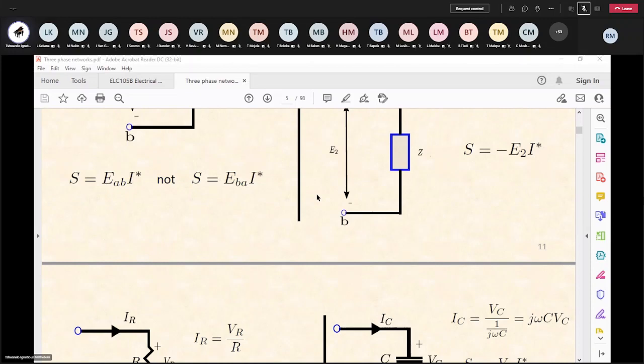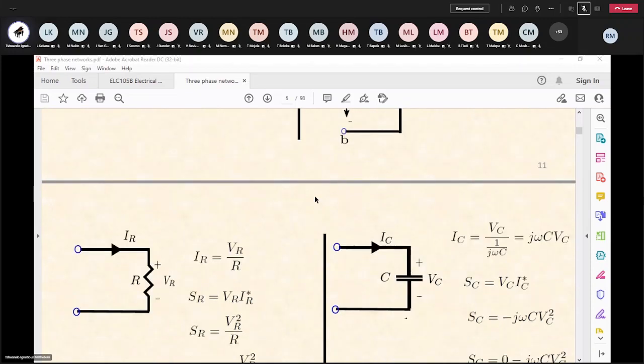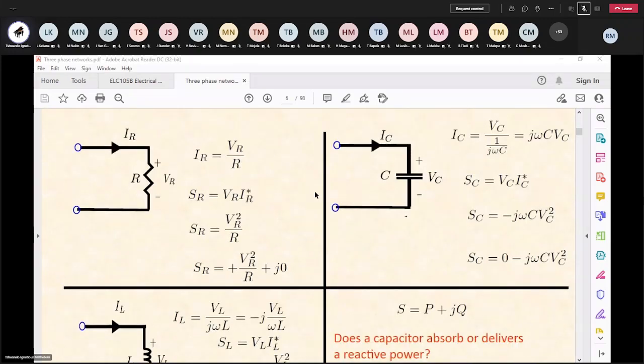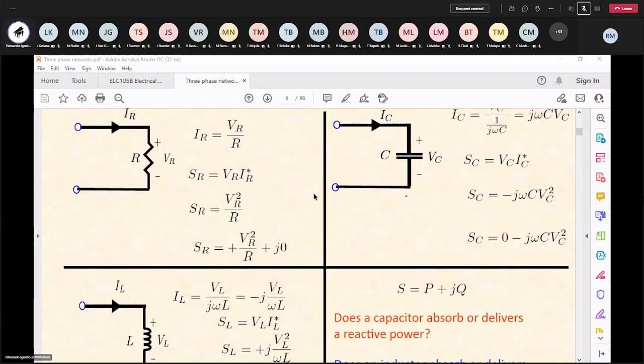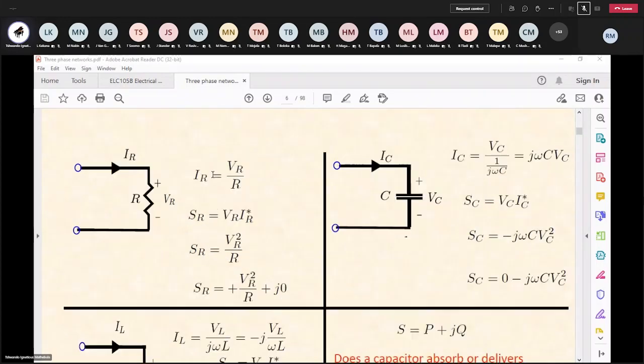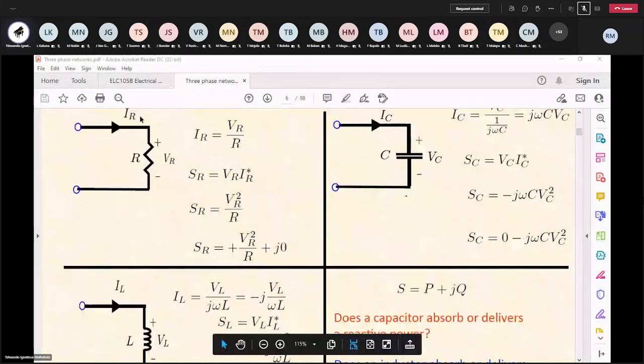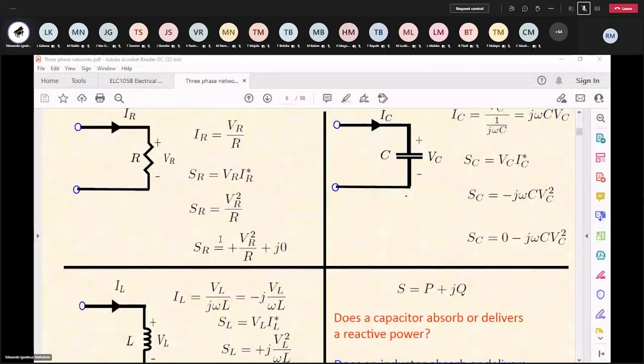So just to indicate the difference between a source and a load. This simply shows you how you can calculate your apparent power if you only have a resistive load. What does that mean?